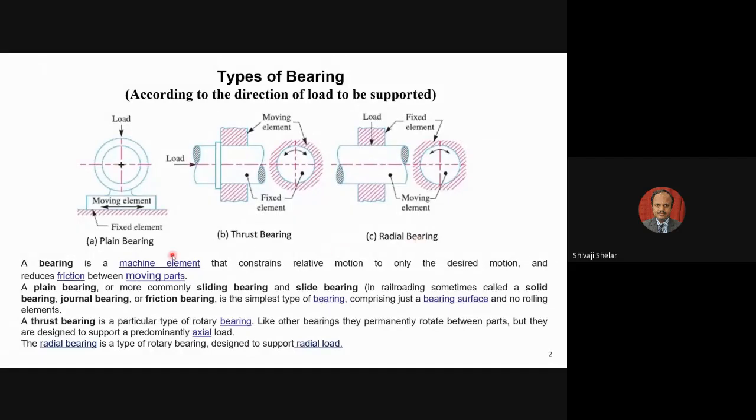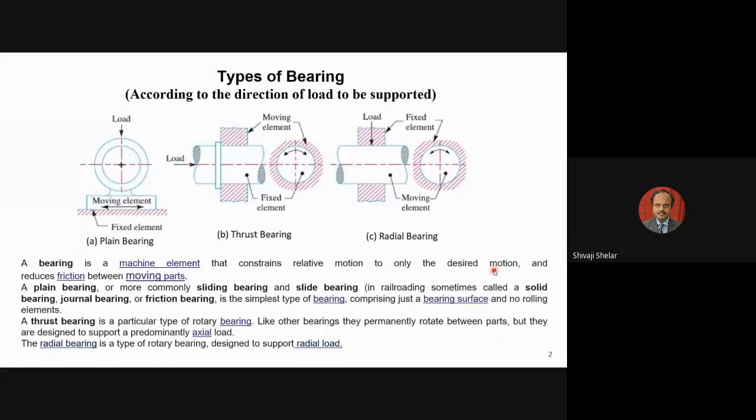Now let's understand what is meant by plain bearing. First, what is meant by bearing? I have written the definition here. A bearing is a machine element, a part of the machinery or component, that constrains relative motion to a desired motion.